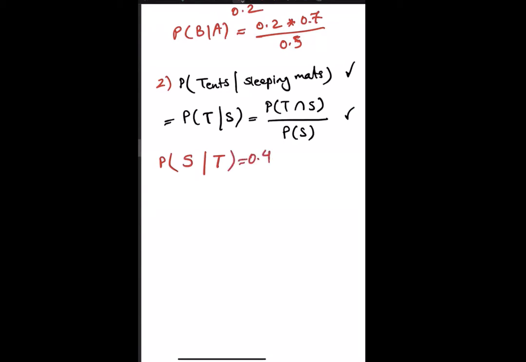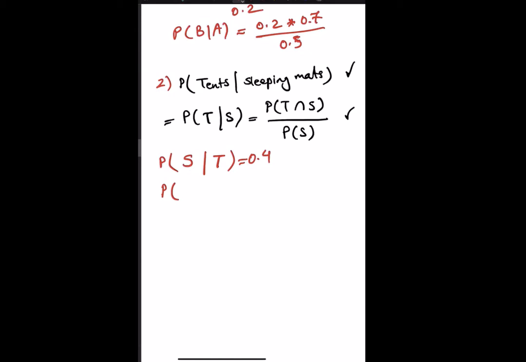And then it says only 5% of the orders that do not include tents have sleeping mats. How do you write that part? Probability of sleeping mat given not tents, so T complement, is 0.05. Okay, great.